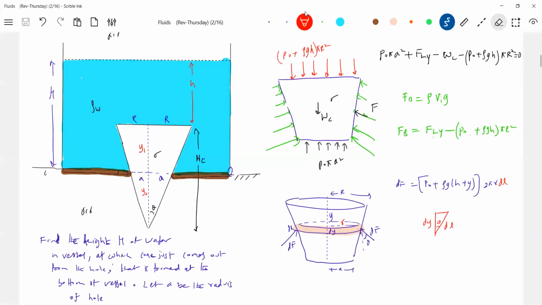Just analyze like this. At one specific height level of liquid, the cone will pop out, or it will start moving up. Why will it happen? Many students will think, sir, this weight is acting. Now, at one specific point, what will happen? The force by the liquid is such that it will come out of the hole.